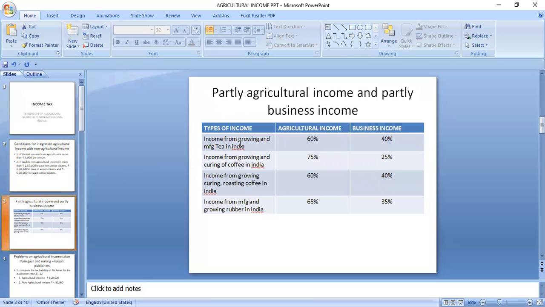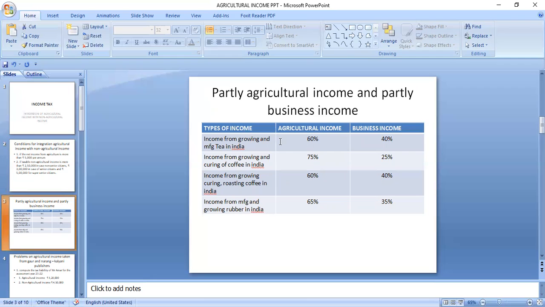Suppose you are growing or manufacturing tea in India, out of the total income you receive, 60% goes to agricultural income and 40% goes to business income. You have to segregate into two different categories, 60% for agri income and 40% for business income.